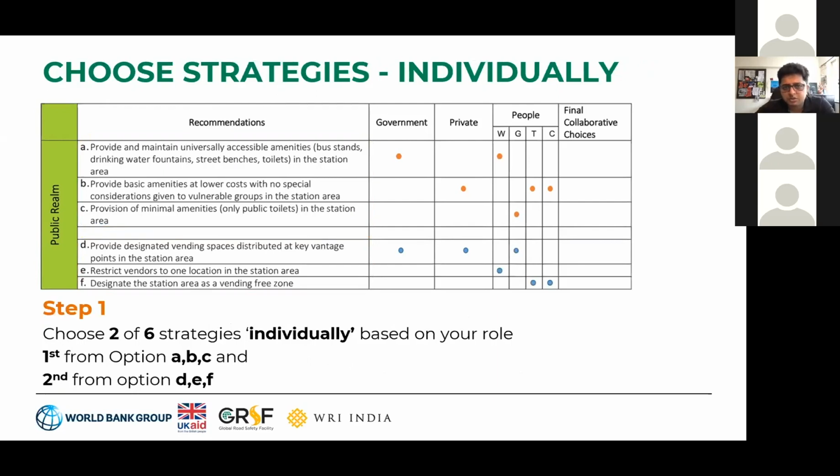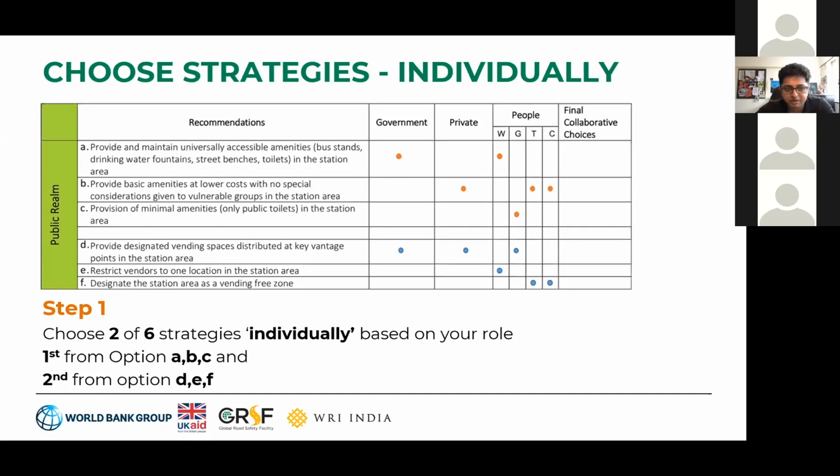So what you as participants have to do is you will be assigned these roles which are written on the top. We have the government, private, W represents woman on the wheelchair, then we have grandfather, teenager on a cycle, and the car owner. In the first round you have to individually choose one option in the first three, and one option in the second three.